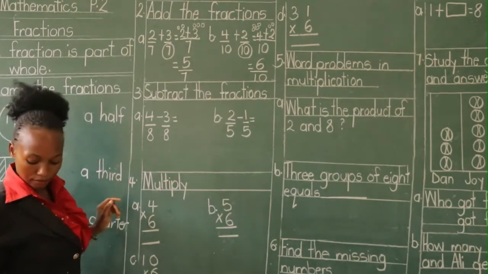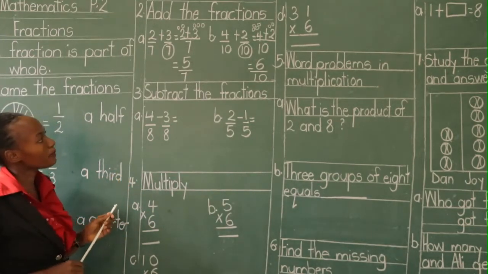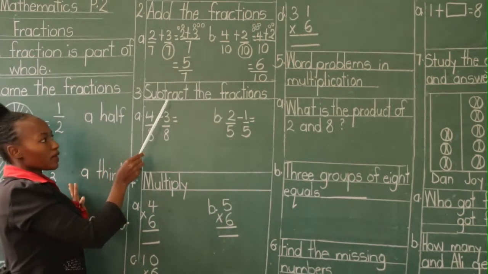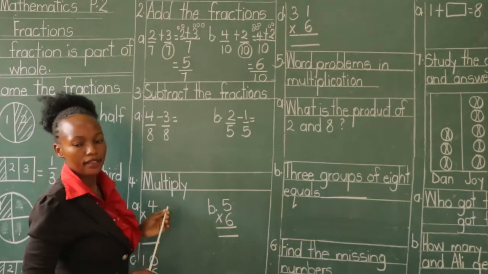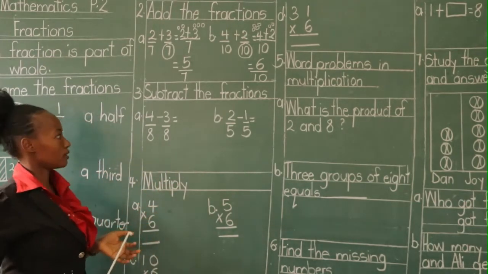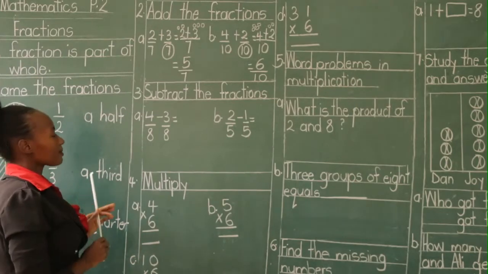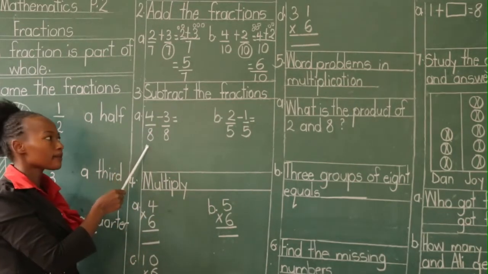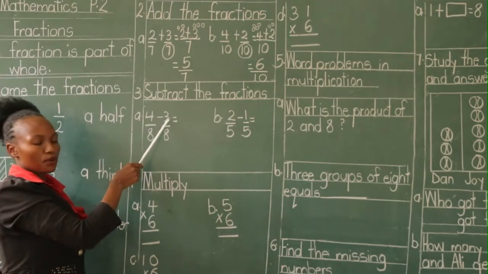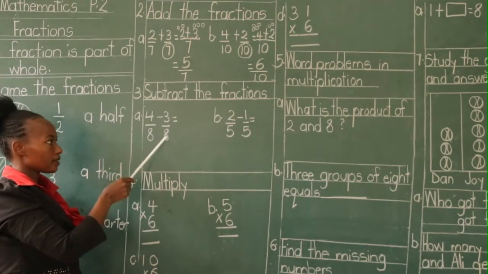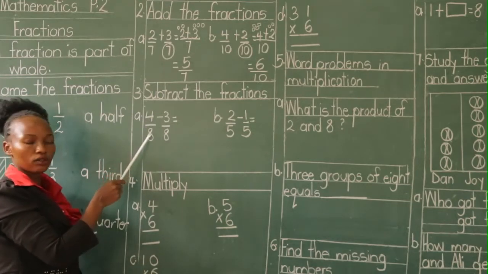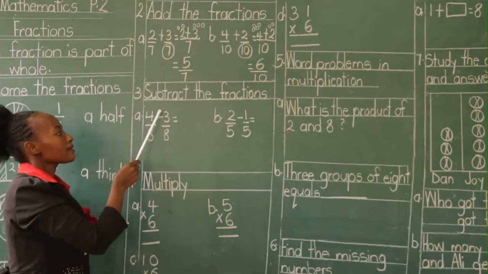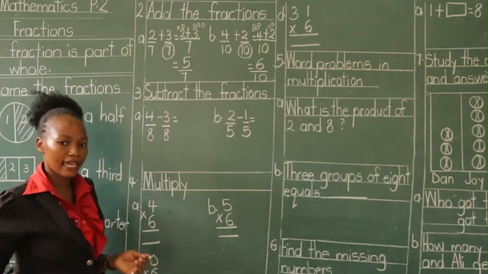Okay? Let's look at the next subtopic. Subtract the fractions. Our first one is 4 out of 8 minus 3 out of 8.